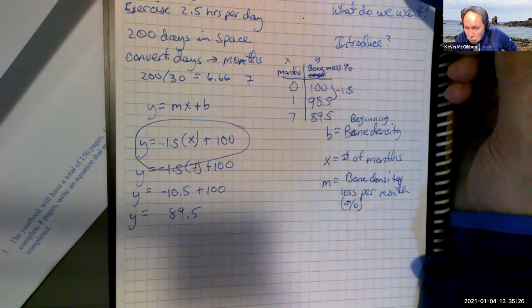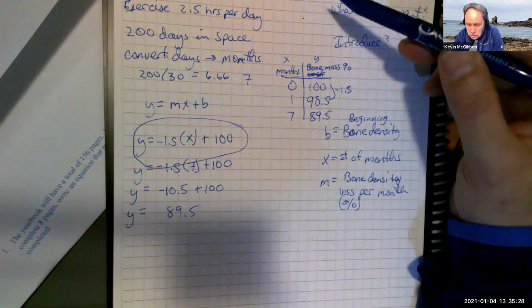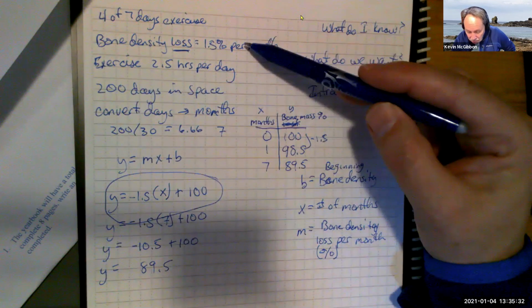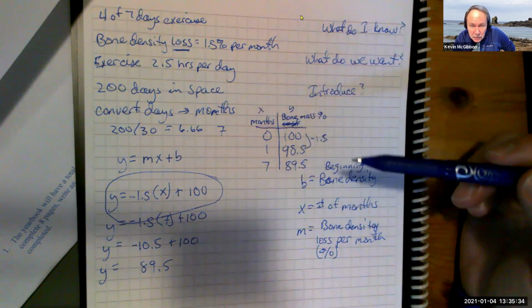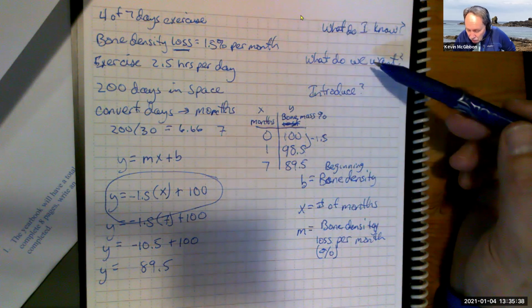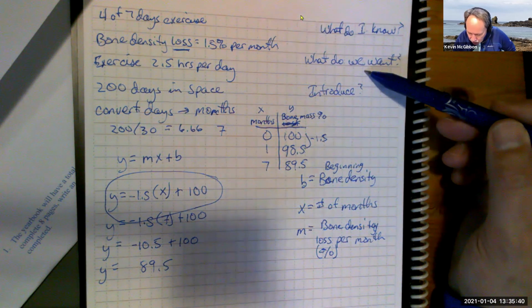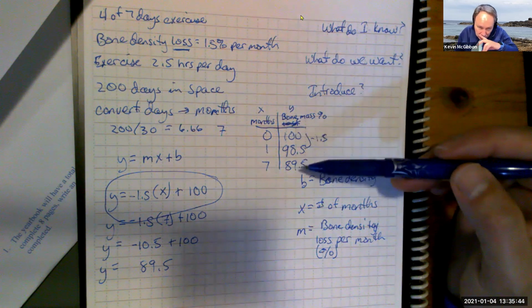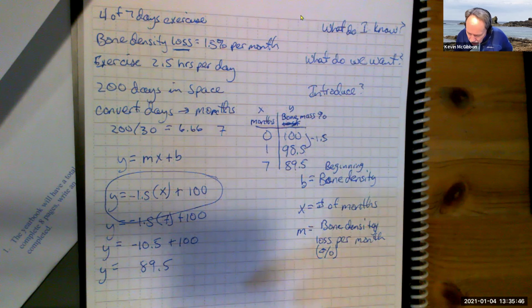We wrote down what we knew. And remember, not every bit of information will be something we use. What are they asking? Or in this case, what do we want? And then what can we introduce? We kept introducing a table, and it helped us with our slope intercept part.